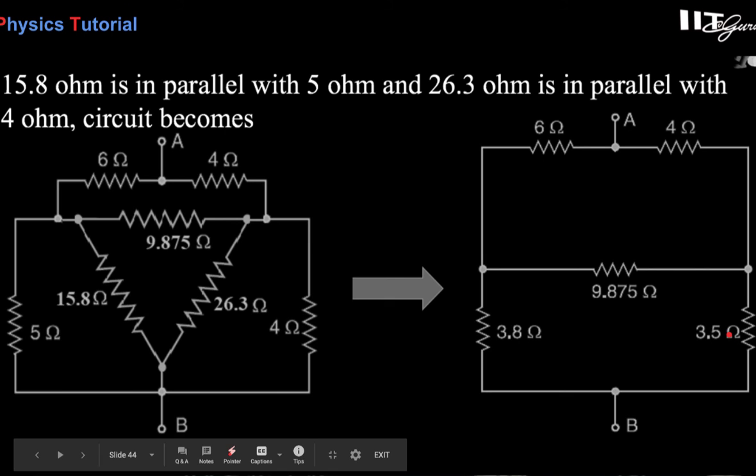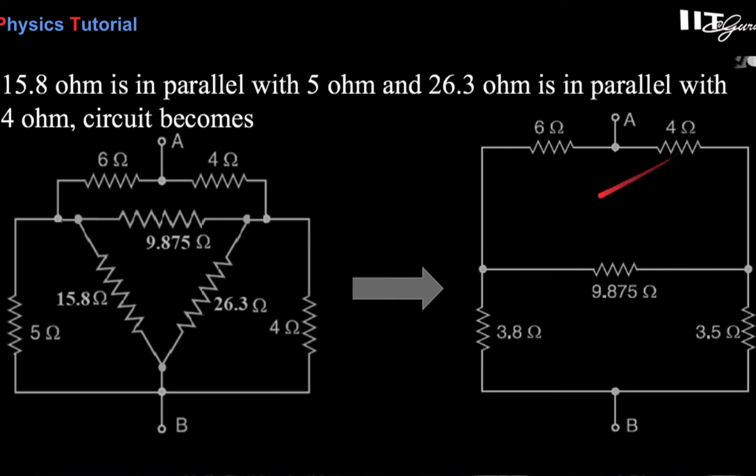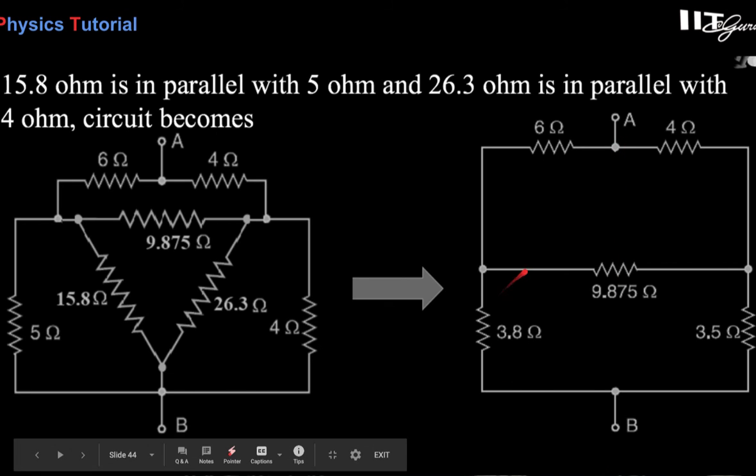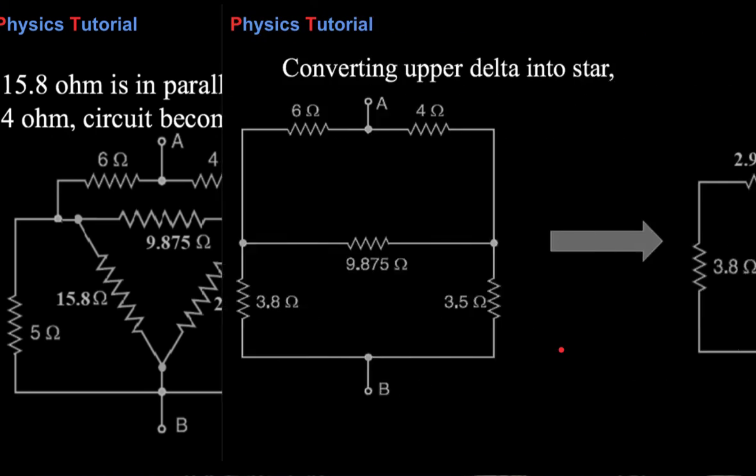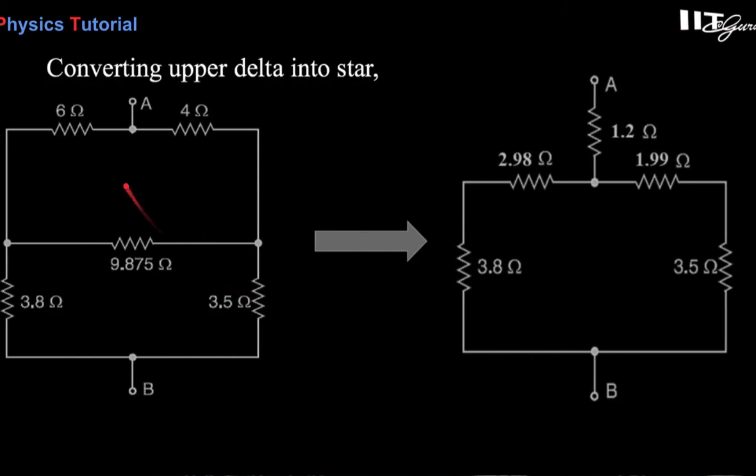So simply this one and this one, and now it seems like this one is in series, but here you have to see the point, that is A and B. Once again, there will be 6 and 9.875 and 3.8. This is a delta, so here you see converting the upper delta into star.